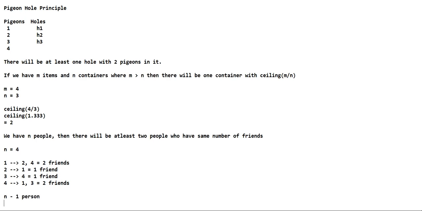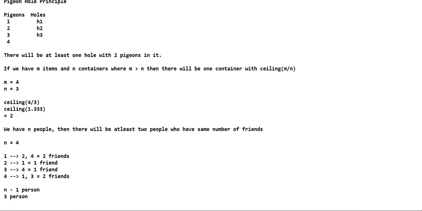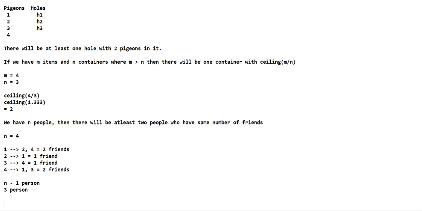So if n is equal to 4, then person number 1 can be friends with a maximum of only 3 other people. So by the pigeonhole principle, we are saying that there will be at least 2 people who have the same number of friends.